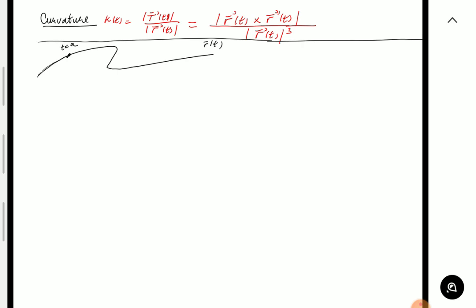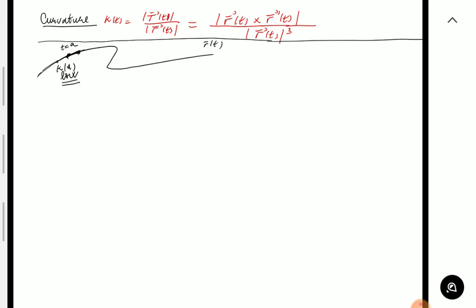If you look at the curve here, it's so smooth, there is very little turning compared to the distance traveled. So if I take a tiny interval around the point t equals a, how much the curve turns is very little in comparison to how much is traveled. So I would expect the curvature to be low at this point.